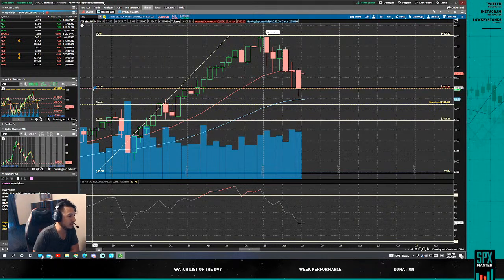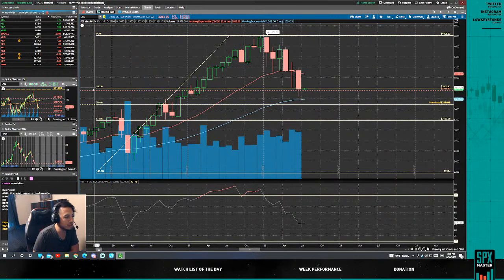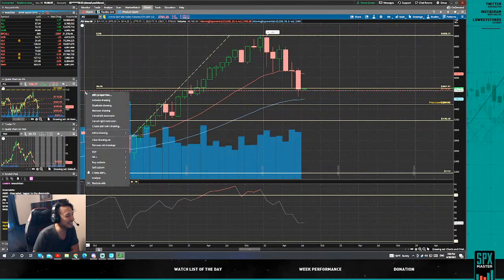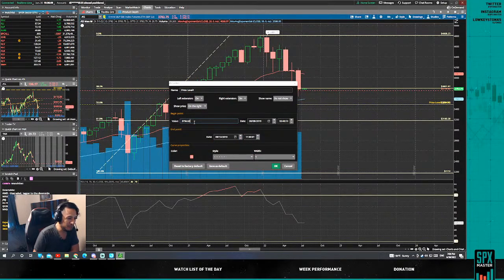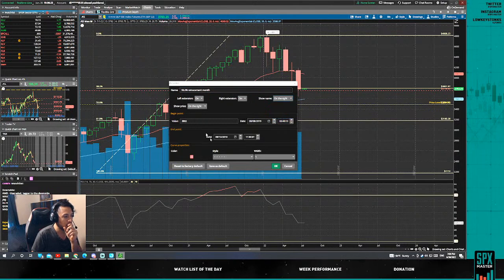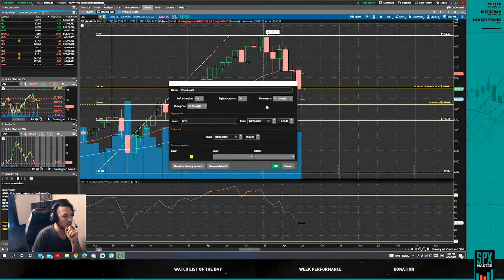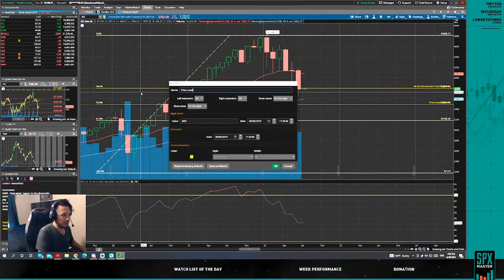This is a little more of an intermediate charting session, but you can follow along and then you can have this drawing for your future chart. 3802 is the 38.2 retracement. What a precise market. 3802. So we're gonna have that. Actually gonna put a key right here, 50% retracement.